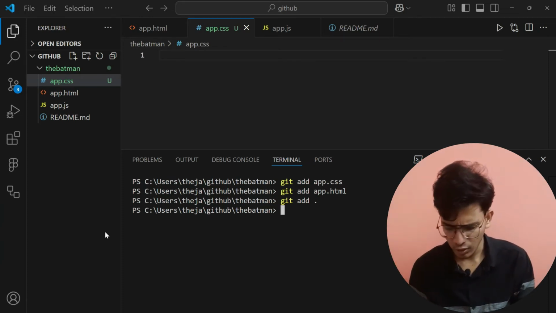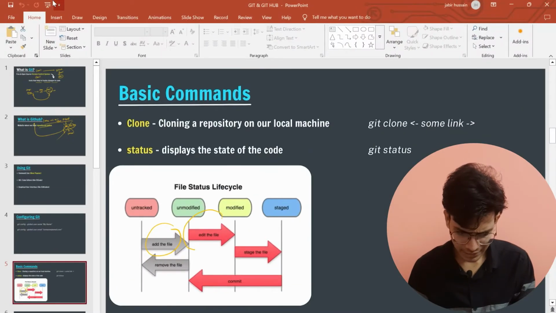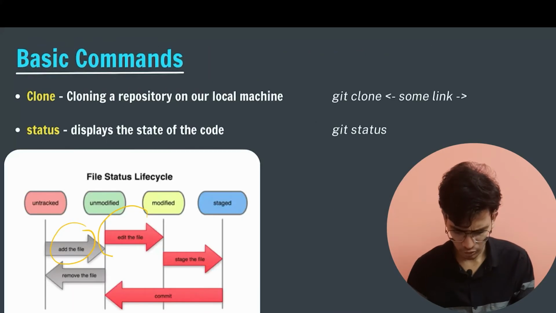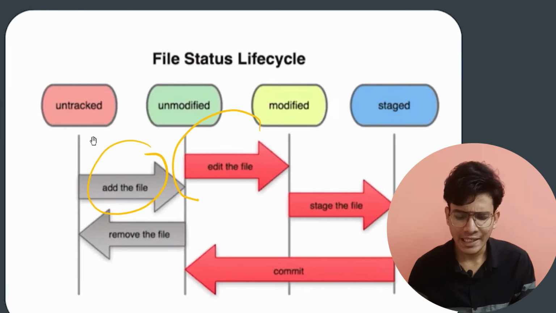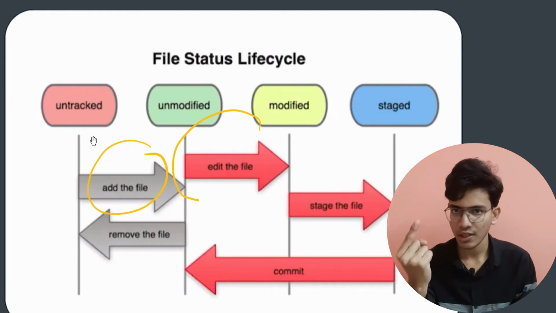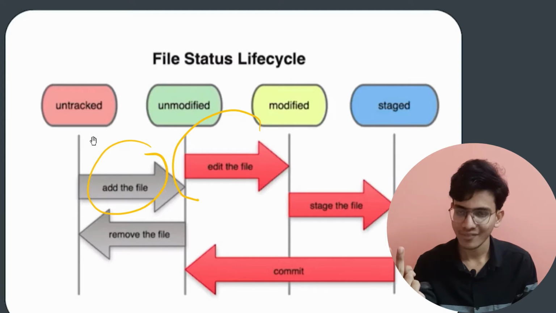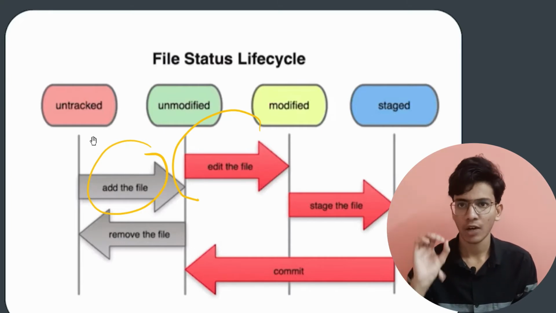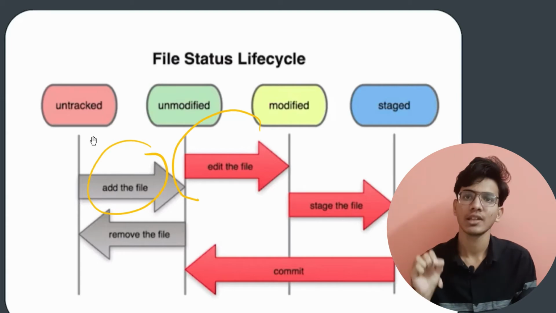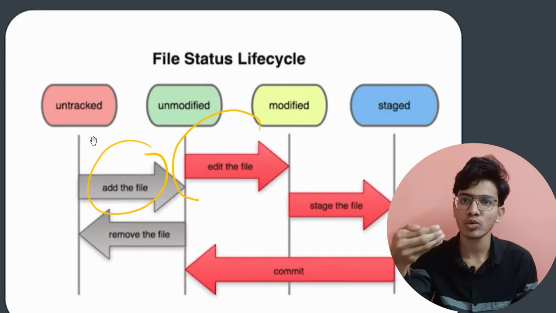Okay. Now, if you observe this diagram very carefully, let me show you. There are four different types of files we have in Git. These files are, first one is untracked file, second one is unmodified, third one is modified, and the fourth one is staged file. What is the meaning of these different files? For example, let's say I have cloned my repository. Now in the repository I am creating new files.